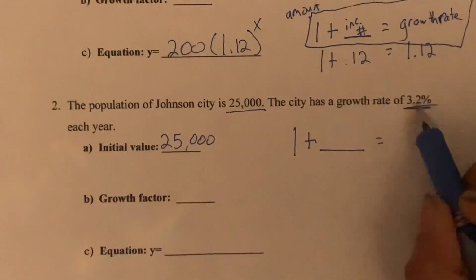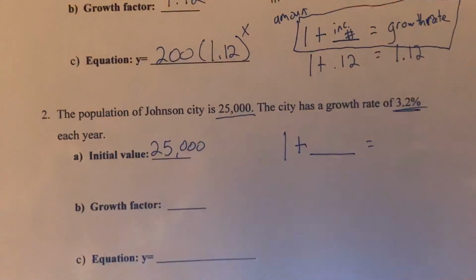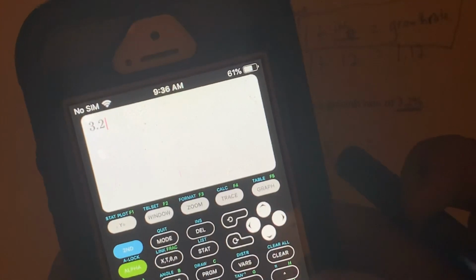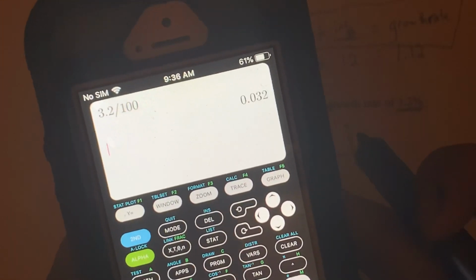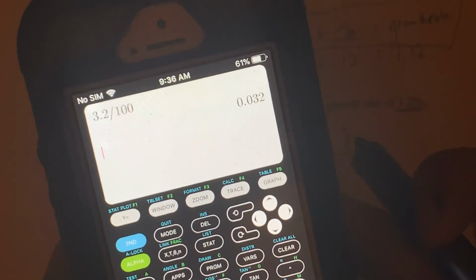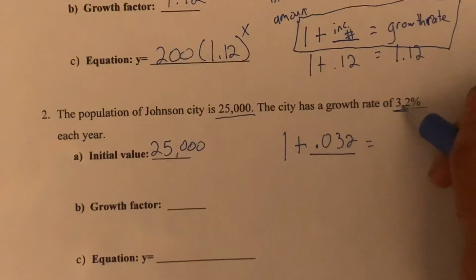So again, 3.2% divided by 100% equals 0.032. Again, you could also move the decimal twice to the left. 1, 2.